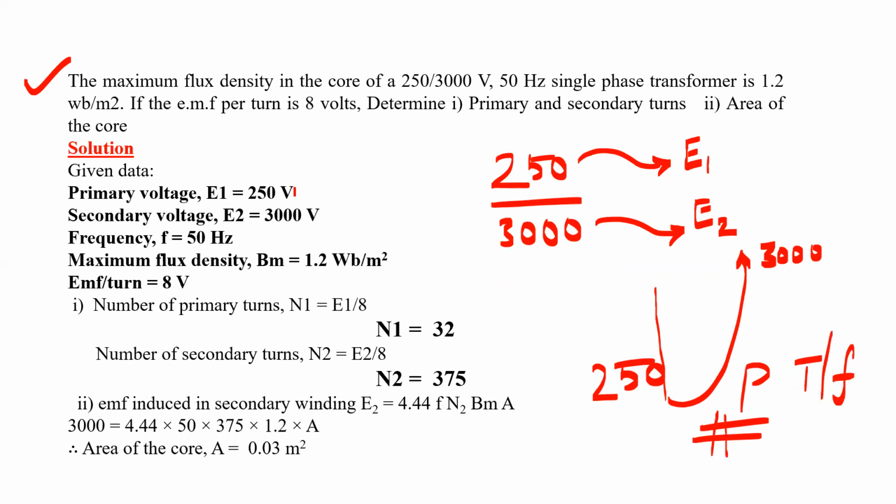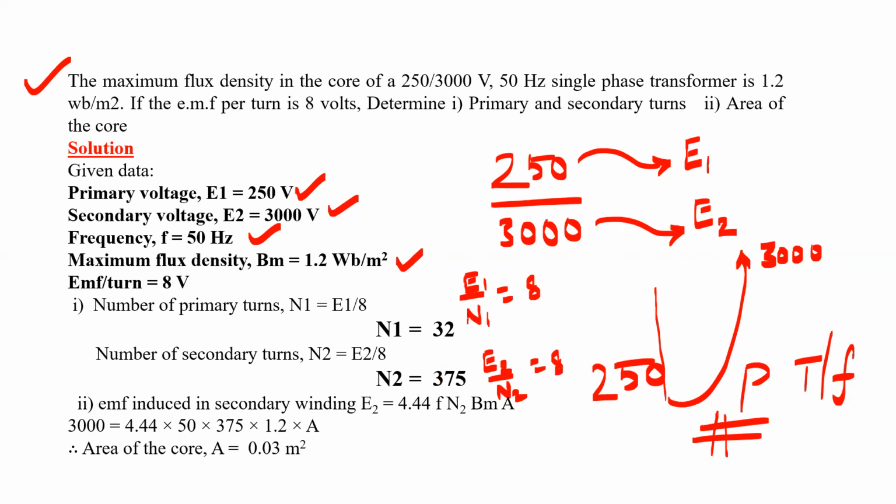We have been given the data E1, E2, frequency, and maximum flux density Bm. EMF per turn they have given as 8. Can I write E1 by N1? I know the E1 value, substitute and find N1. In a similar way, E2 by N2 is equal to 8, so find N2.